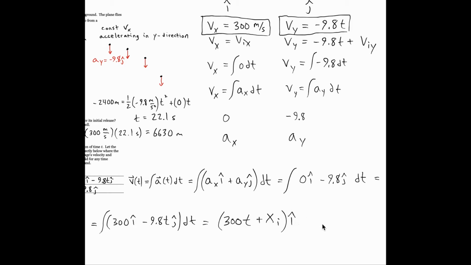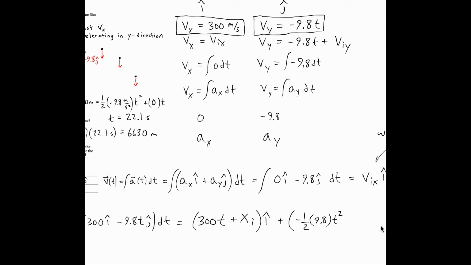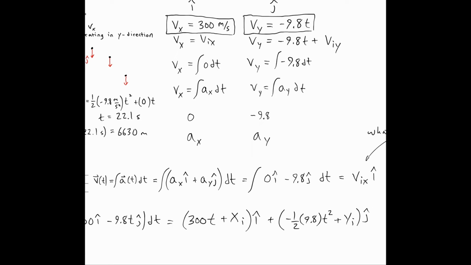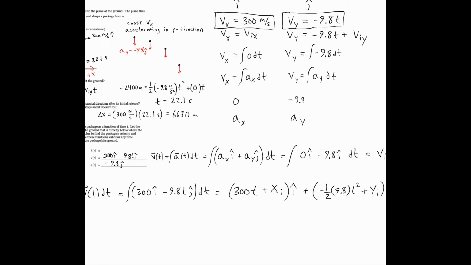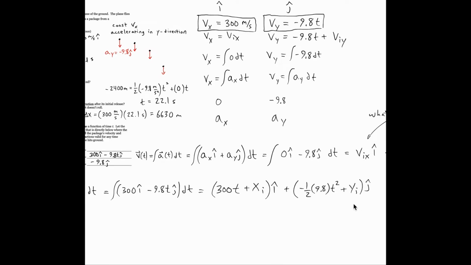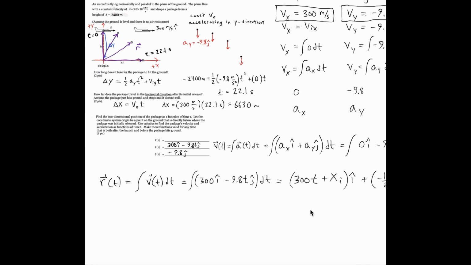Then over here we'll get, let's put the 1/2 in there, 1/2 9.8 t squared plus yi. Alright, if you do them all in one line, that's what you get. But if you want to just do them separately, you could totally do that.